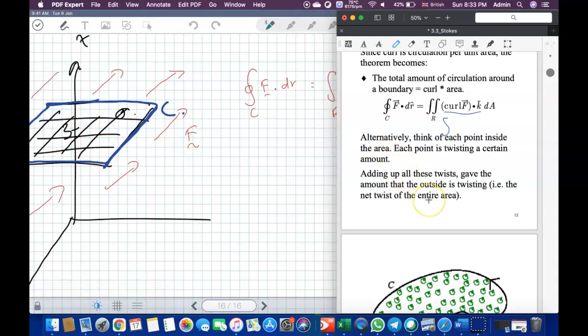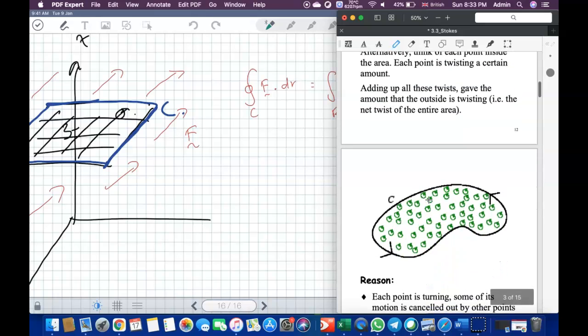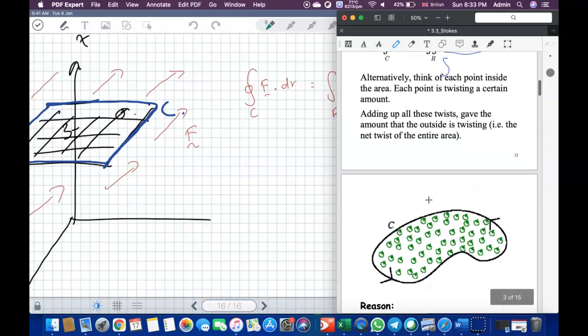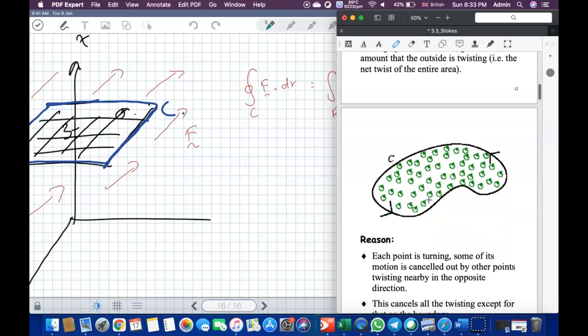That is the physical meaning of Stokes' theorem. Green's theorem is similar, but the difference is that Green's is only in 2D and Stokes' is in 3D.